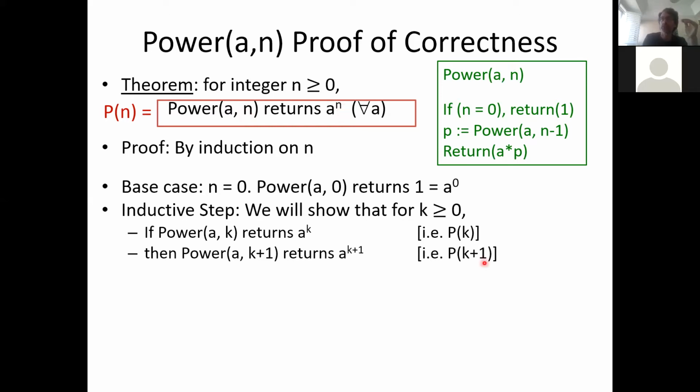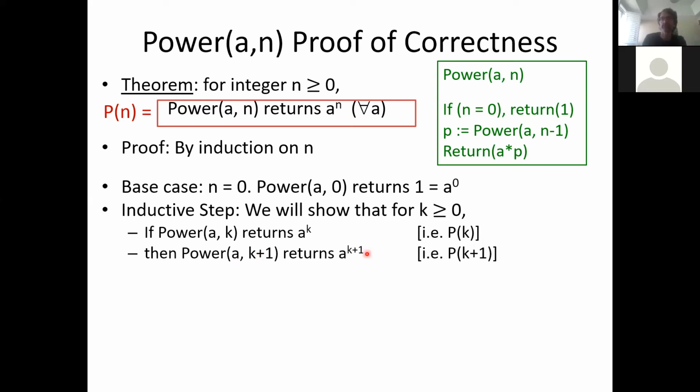So that's what you can assume. That's your inductive hypothesis. And under that hypothesis, what you want to prove is that the power algorithm, a being a constant, on exponent k plus 1 will return a to the k plus 1.